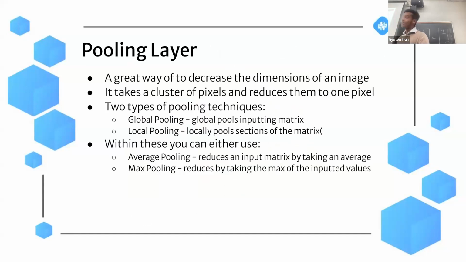So the next slide. Now we're going to go to the pooling layer, right? A pooling layer is another essential layer of a CNN. Essentially, what it does is it takes a cluster of your pixels, and then it either averages it or maxes it. So you either take a max of that cluster or you take an average of that cluster, right? And what that essentially does is reduce the image in terms of its dimension. So for example, you might have a 100 by 100 by 3 image.